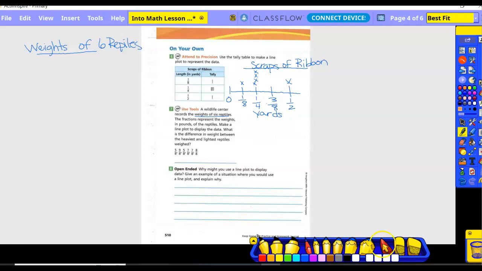And I forgot to see. Okay. Or do we have to really put the 6 part? We could just put weights of reptiles, right? Okay. We're gonna put our line plot here, and then what's it being weighed in?